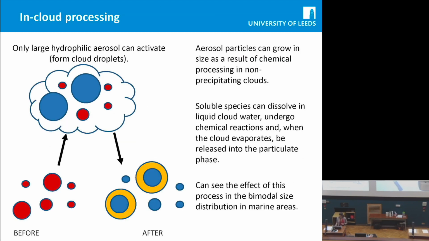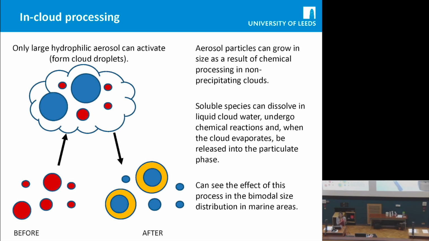And so starting with the processing that happens in clouds, there's lots of reasons why we might be interested in the activation of particles to form cloud droplets. So this essentially happens when soluble particles of a certain size act as the nucleus for a cloud droplet to form around.